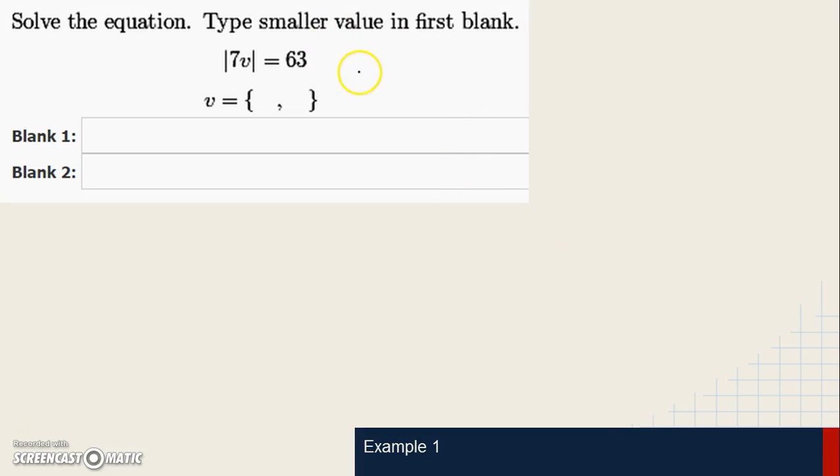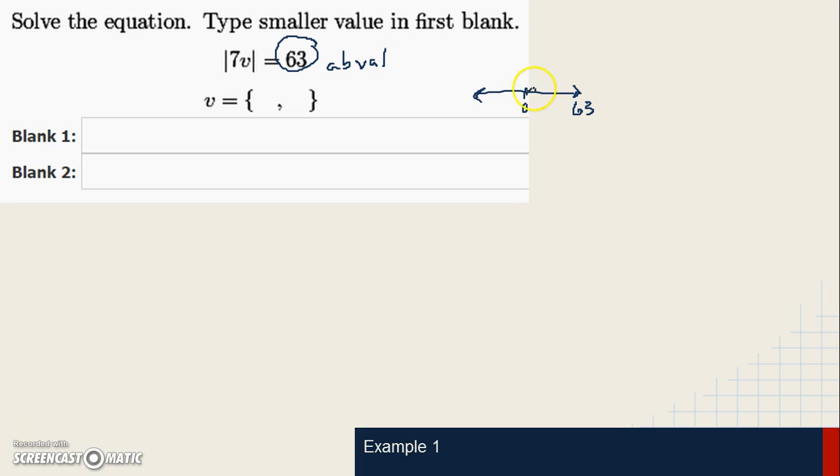So here we're going to start with the absolute value of 7 times v equals 63. Well, I know that the absolute value here is 63. And I know that there are two numbers on our number line that are 63 units away from 0. One of those numbers is 63.